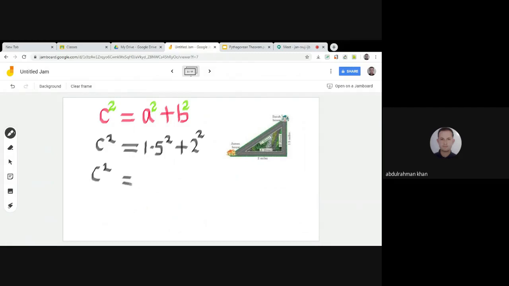Now by using the calculator, 1.5 square plus 2 square. 1.5 square means 1.5 multiplied by 1.5, which is 2.25. And 2 square is actually 4. Now we add them, and the answer is 6.25.